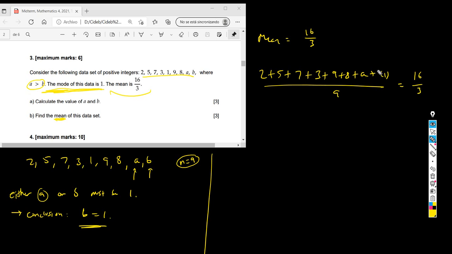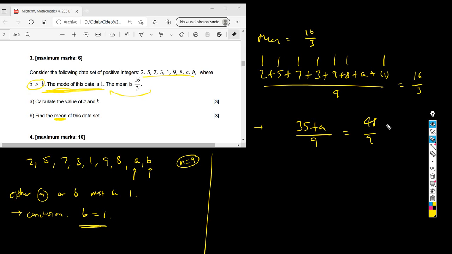Just make the whole addition. We get 10, 20, 30, 35, right? So it's 35 plus A over 9 equals 16 over 3, which is the same as 48 over 9. Am I right?